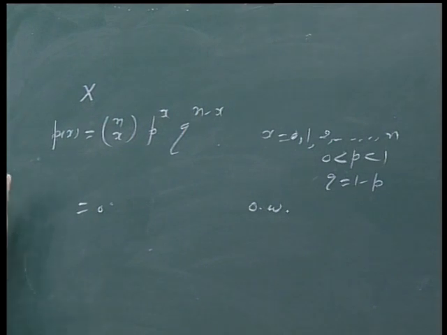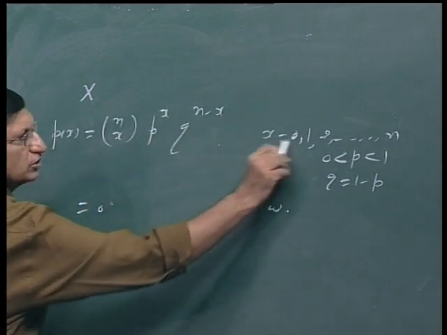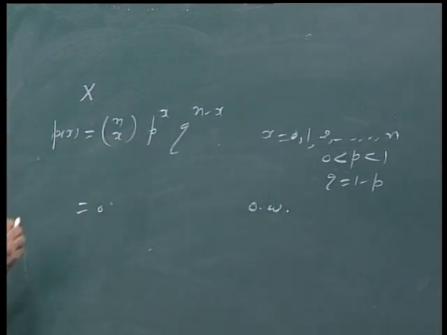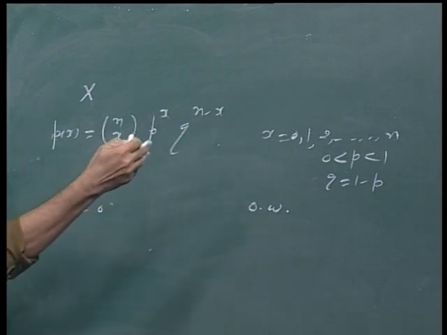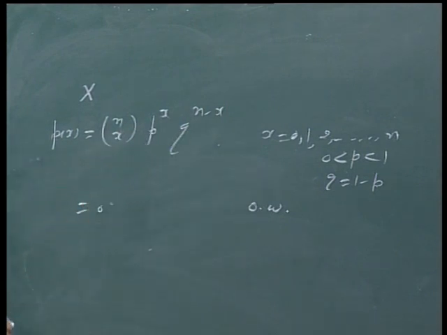Remember that when you are asked to write the probability function, you always write all these things. Since x takes different values 0, 1, 2, it cannot take any value between 1 and 2. So this is a discrete distribution.